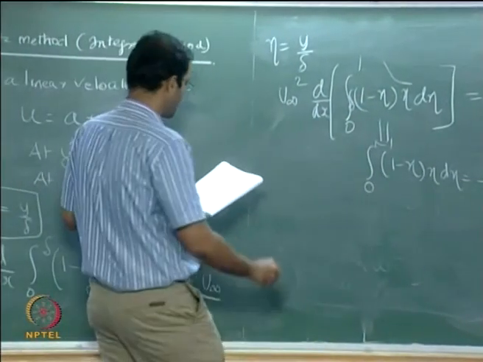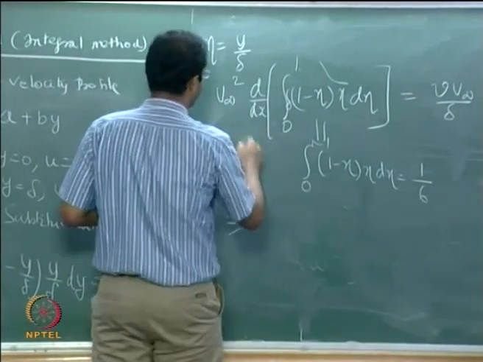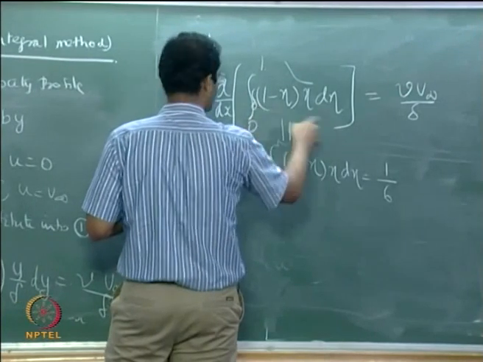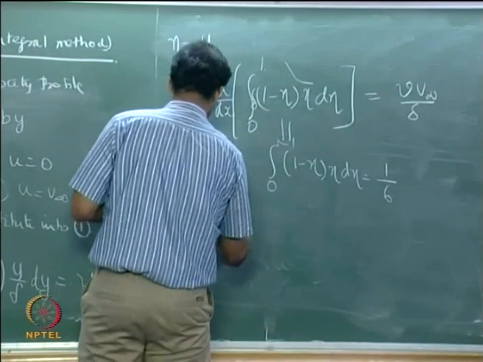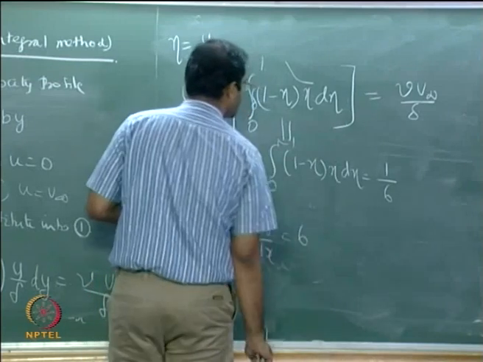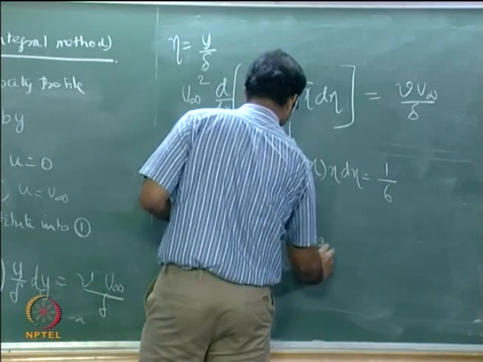So in that case I can cancel u infinity on both sides, and delta will come to this side, so delta d delta by dx will be equal to 6 nu by u infinity.